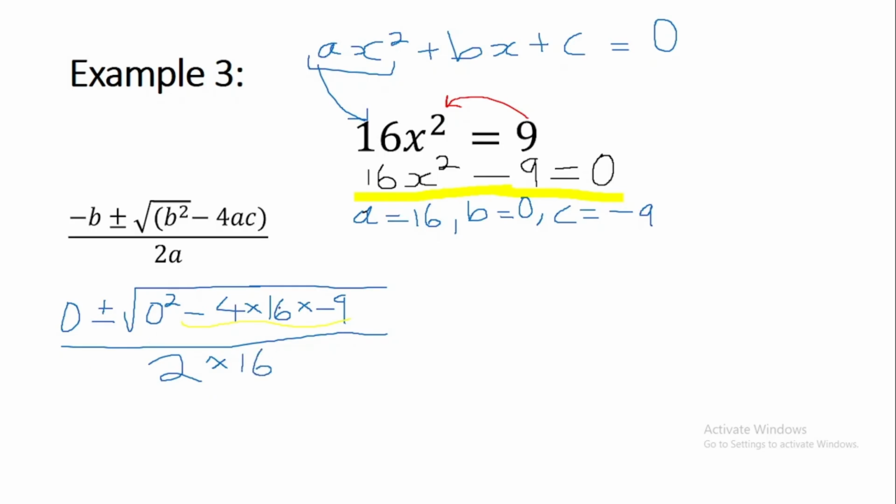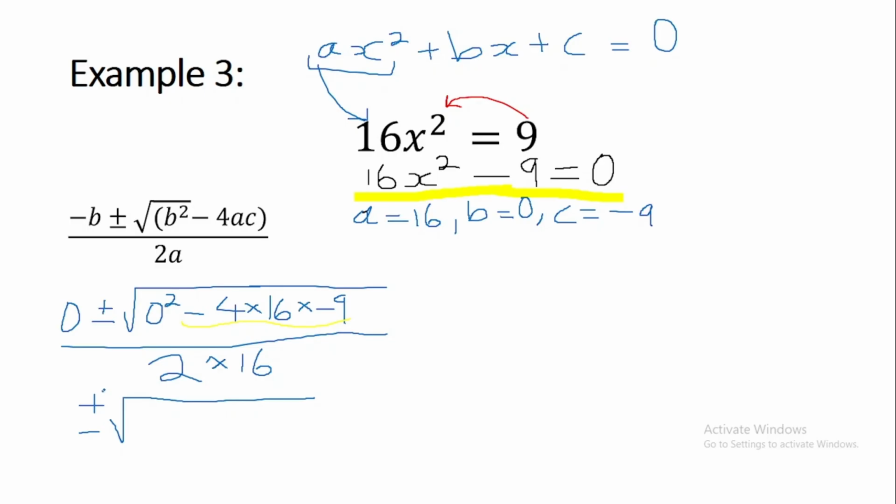Okay, so let's work. So we're going to have plus or minus the square root of. Now we're going to work right here. That's going to be negative 4 times 16 times negative 9.